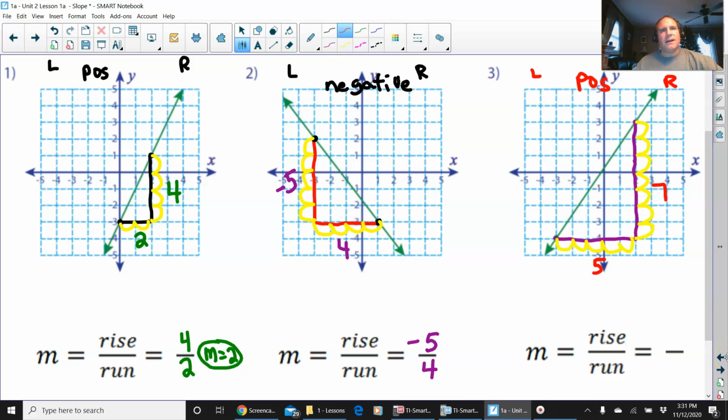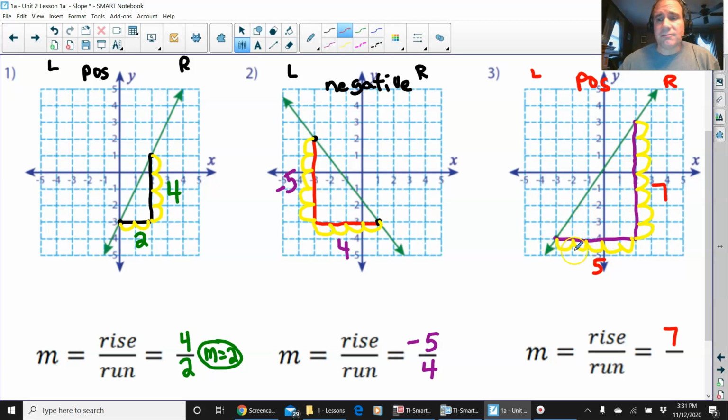So right now I have a positive slope. I know that because it goes up from left to right. I could tell exactly that it is definitely going to be positive. I connected those points by moving to the right 5, and you see exactly what I'm doing, and then going up 7. So the rise right now is 7, because that is the one that I am moving up. That's going up, and you rise up.